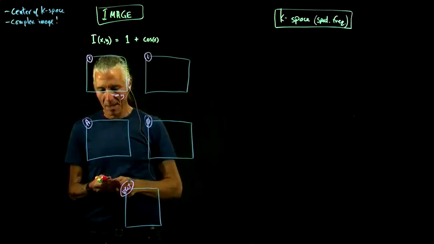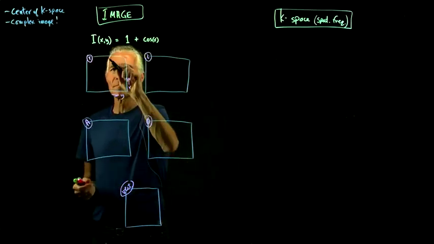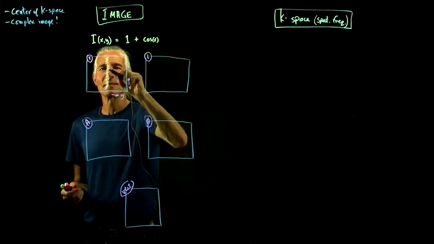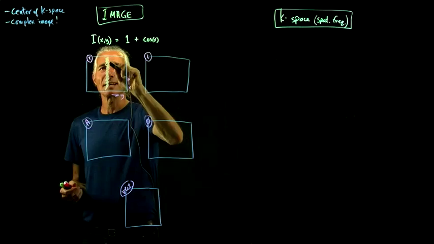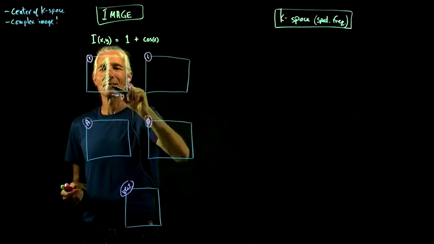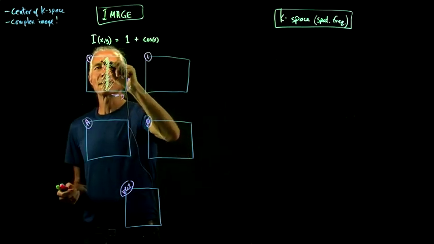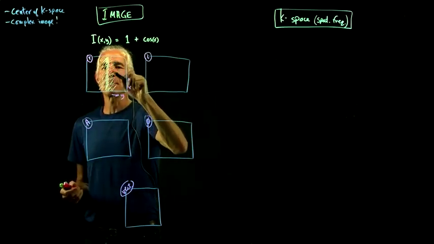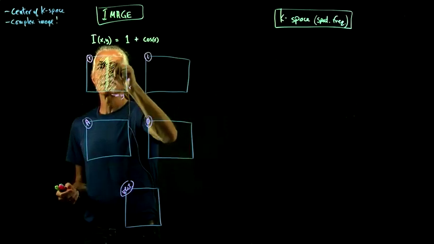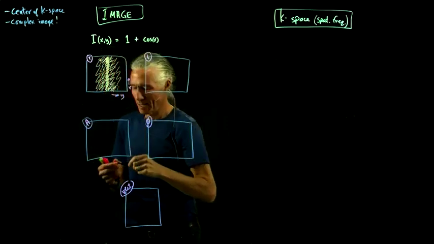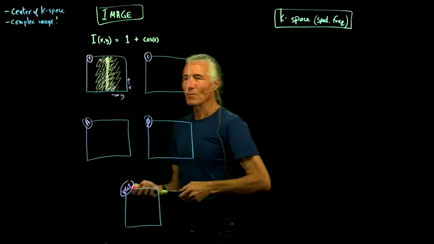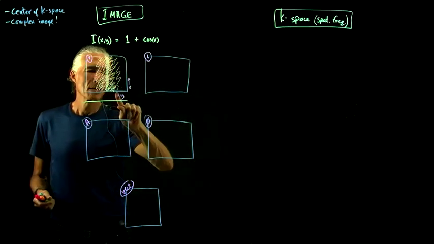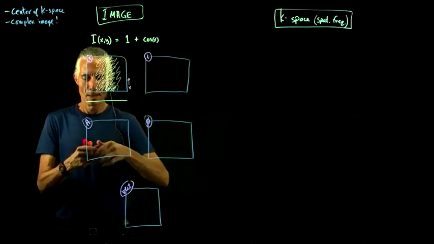So if we just plot this function out, what do we get? Again, I'm using light on this glass to indicate dark. If you look at my notes, dark means lower, and light, which is the white paper, means higher. That's what a 1 plus a cosine looks like.